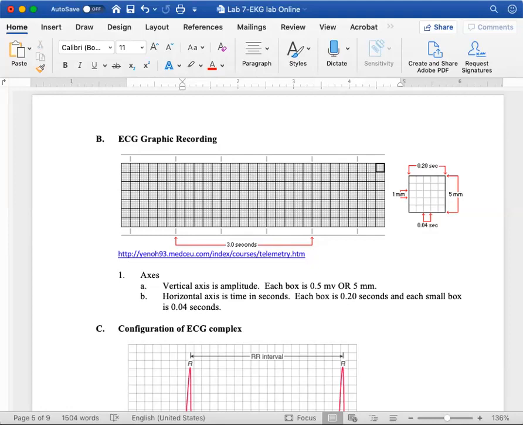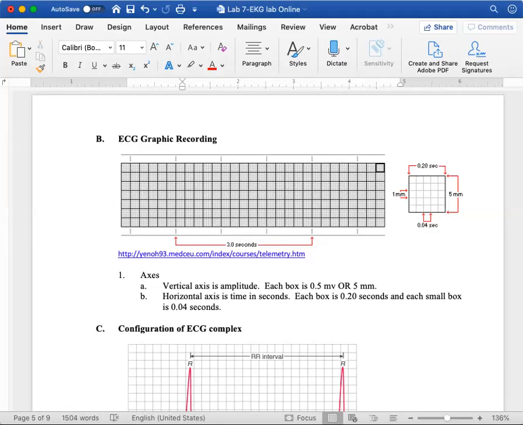Okay, so take a look at this box. This box right here on the top right of the EKG strip, we're going to blow that up. Take a look at this. I'm not too interested in you knowing the amplitude, but I am interested in the time duration.